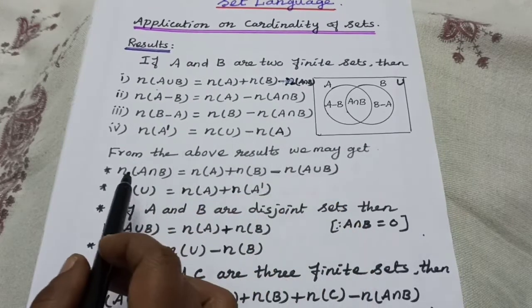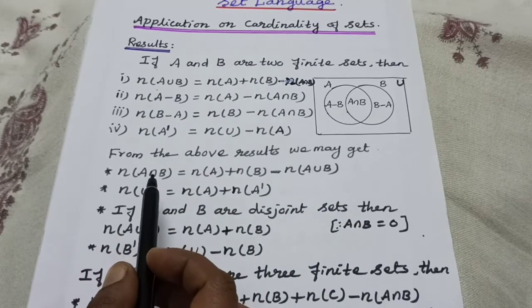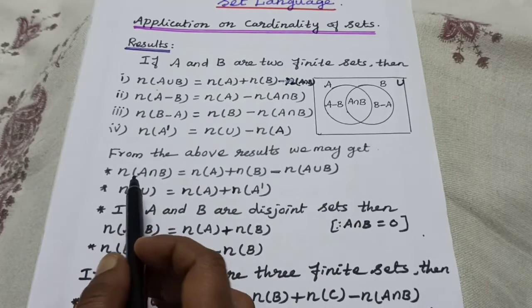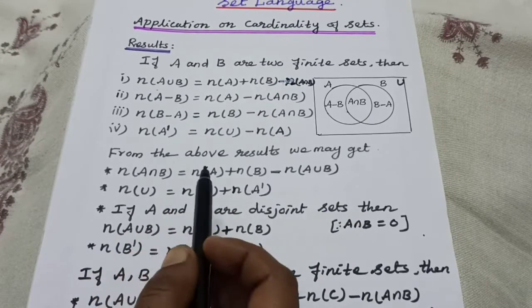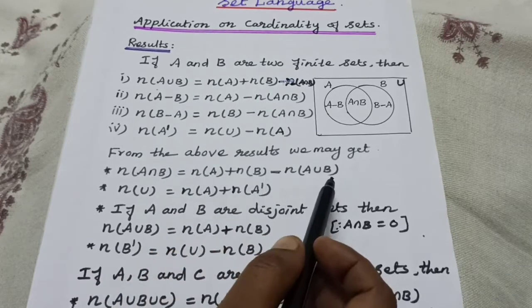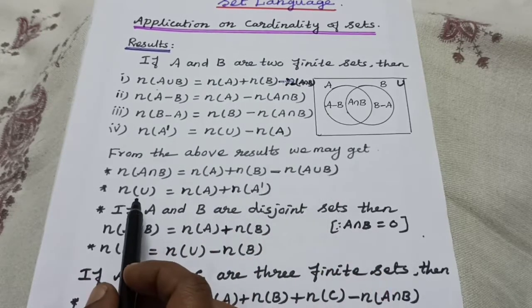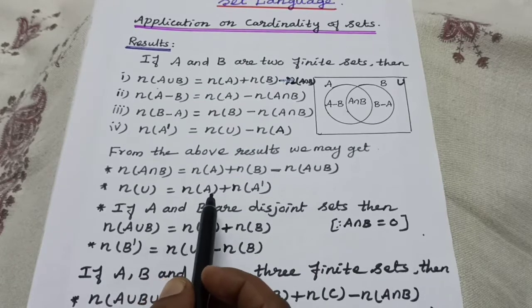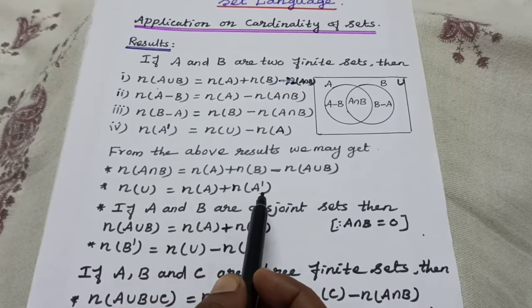Suppose n of A intersection B, both A and B. If you want to find that, then this formula we have to use. Then n of universal set is equal to n of A plus n of A dash.